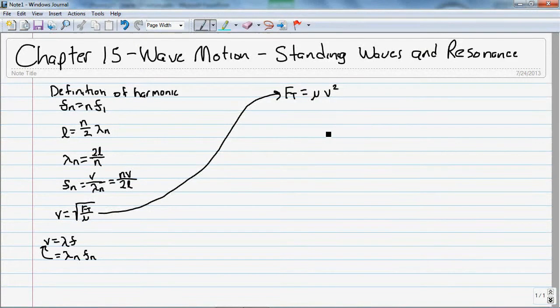And we can insert our formula for velocity squared, we're going to have mu times lambda of the nth harmonic times the nth harmonic frequency, and because the velocity is squared, we're going to square those. Now we can substitute in for our lambda.